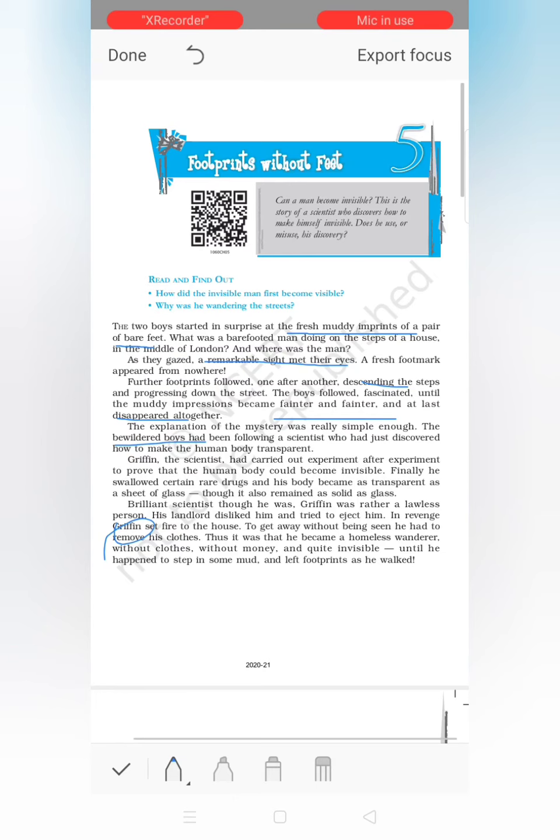The explanation of the mystery was really simple enough. The bewildered boys had been following a scientist who had just discovered how to make the human body transparent. Griffin had carried out experiment after experiment to prove that the human body could become invisible.